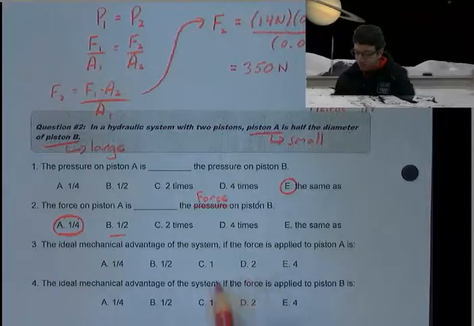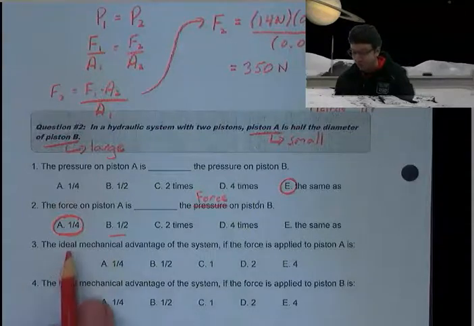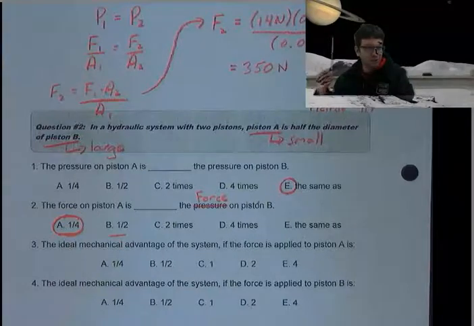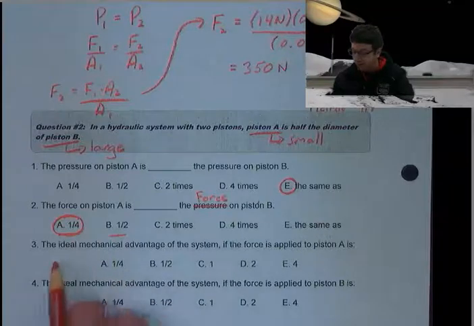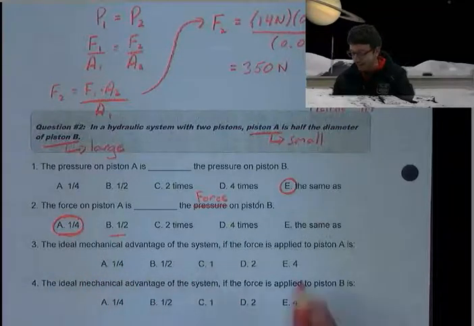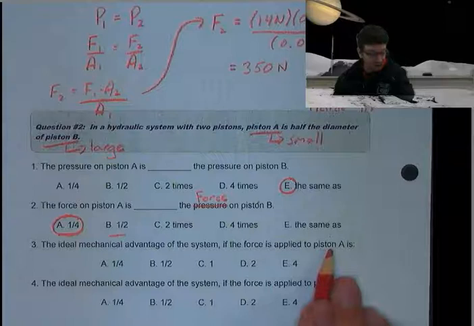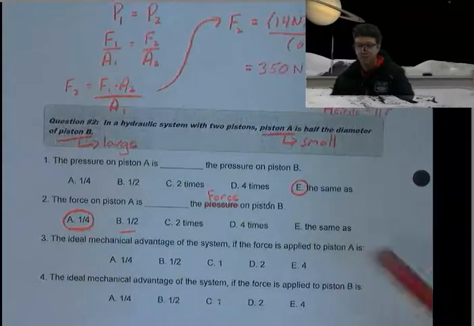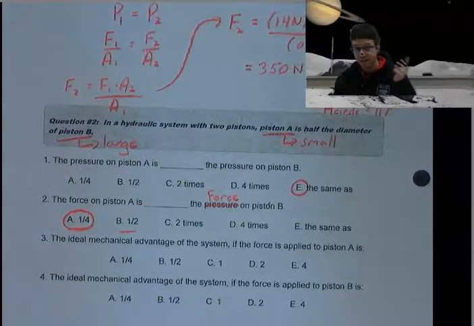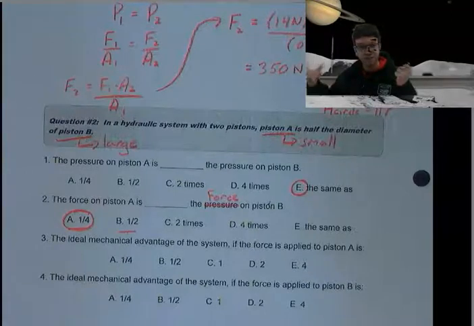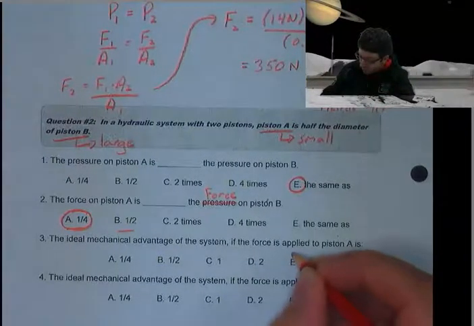All right, so because we can actually have an increased force, we have a mechanical advantage. Now, ideal mechanical advantage. So remember, we're going to ignore things like friction, so we're not going to talk about actual mechanical advantage. So the ideal mechanical advantage, if the force is applied to piston A, so you have your small piston, if you apply a force there, you get 4 times the force on the larger piston. So that's a mechanical advantage of 4. Right?